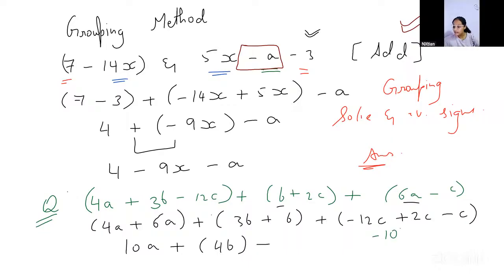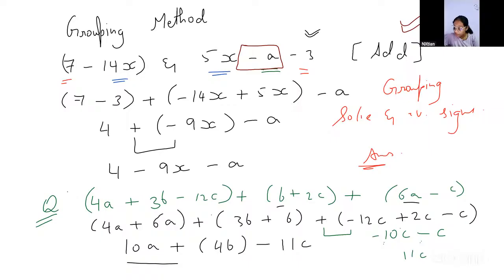Then we have minus C. Minus minus is plus. So 11C. Now take a look at these signs: minus, plus minus, minus. So we put a minus here and we write minus 11C. This is my answer.